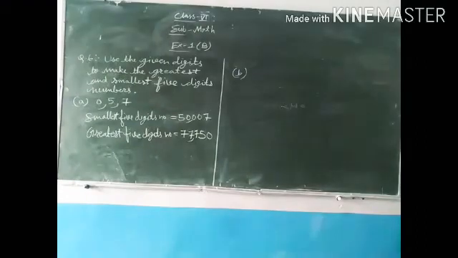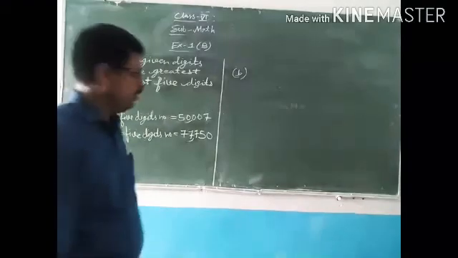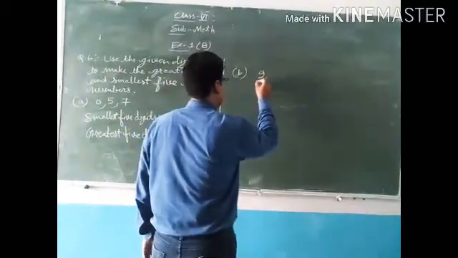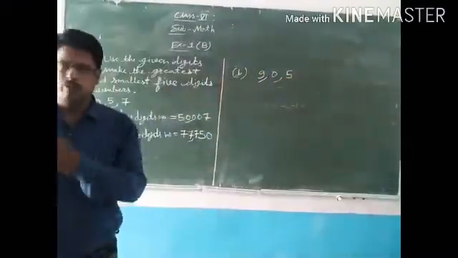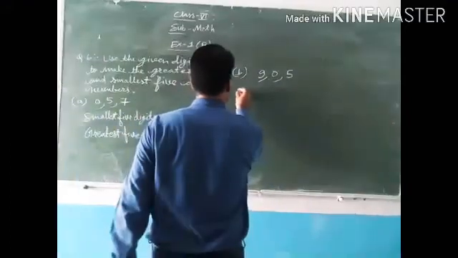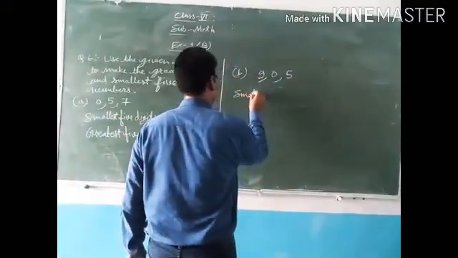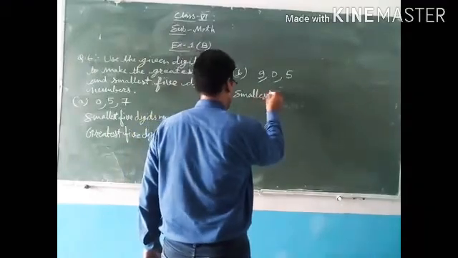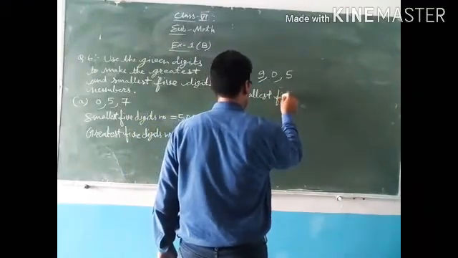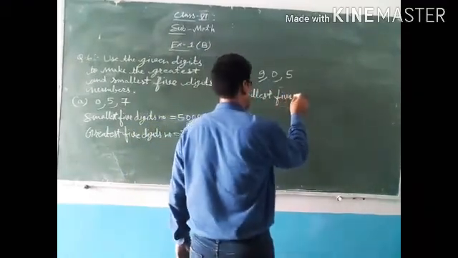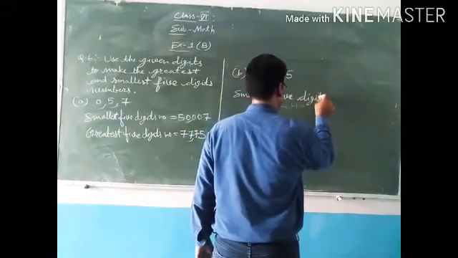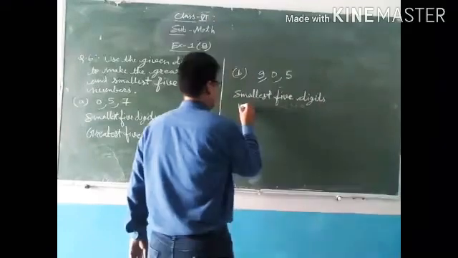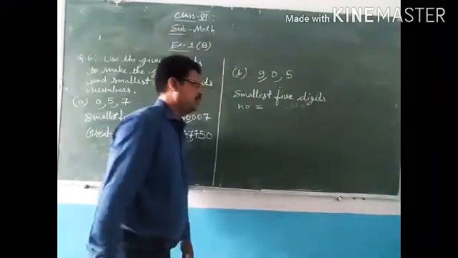Okay, so B part: 905. 9, 0 and 5. So first we have to make smallest 5-digit number. So which is the 5-digit numbers?